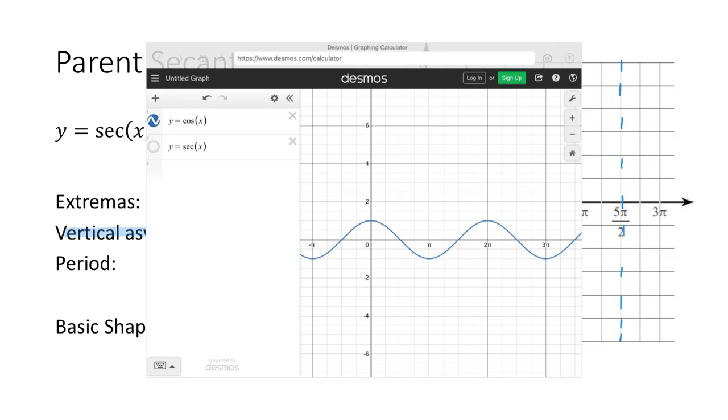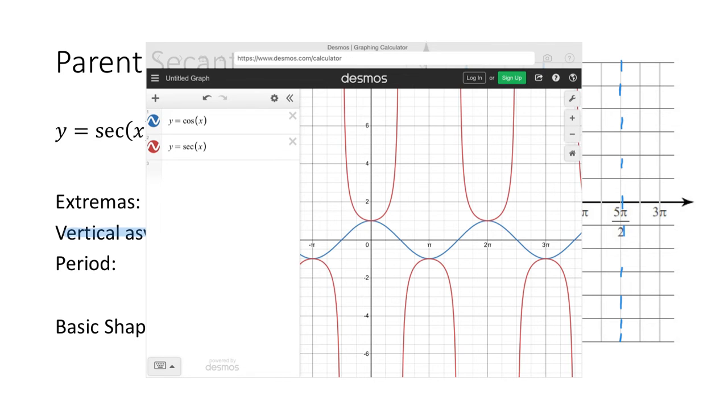When I look at the reciprocal, something incredibly interesting happens. Every time that cosine has a max, that actually becomes a minimum value on the secant function. So max values become minimum values. And again, minimum values become maximum values. This still happens at the max value of 1 and -1.